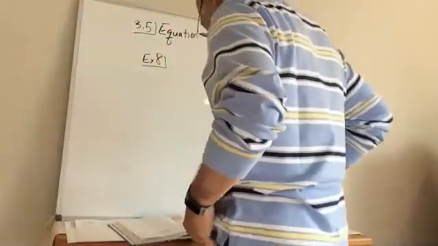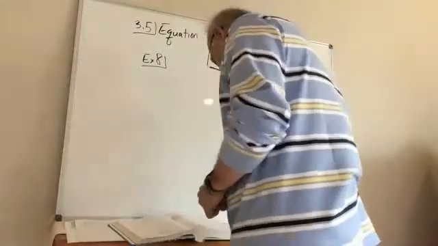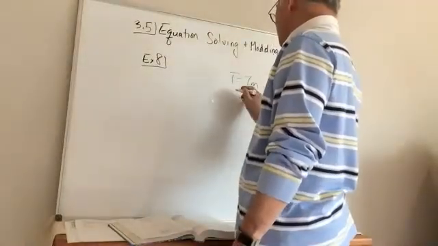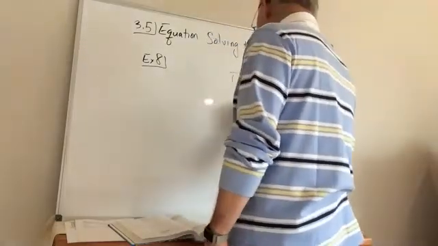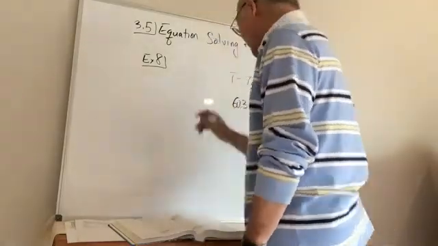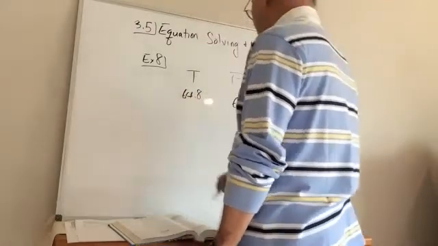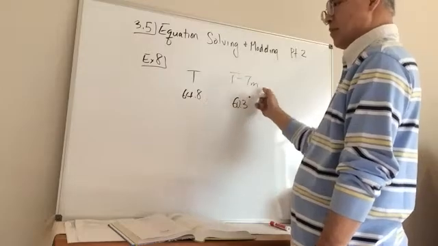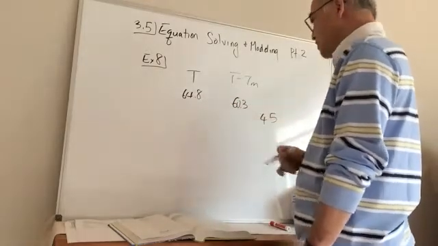Wouldn't that be the T minus Tm, right? T minus Tm there is 63. So T minus Tm is equal to 63 on the first one. 60.3, I'm sorry, 60.3. And then the temperature here was 64.8. So if I subtract from this, won't I get the Tm? So it's going to be 4.5.